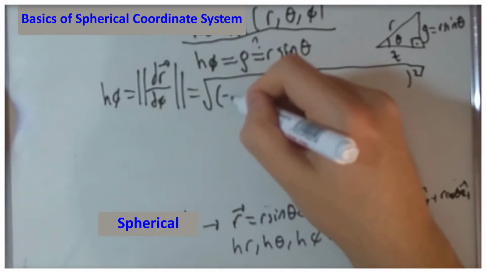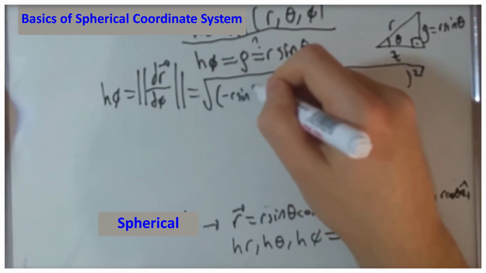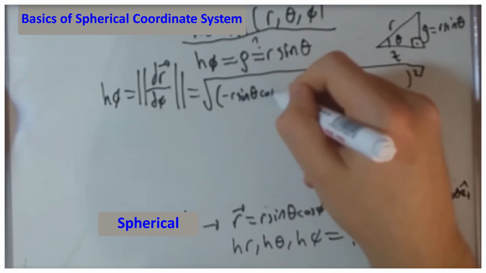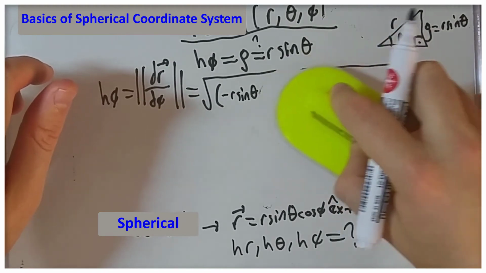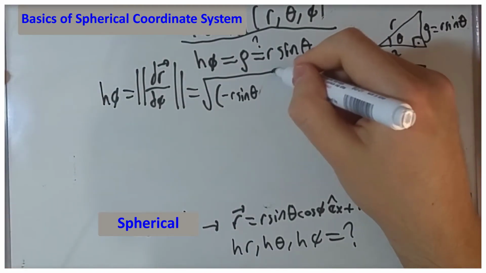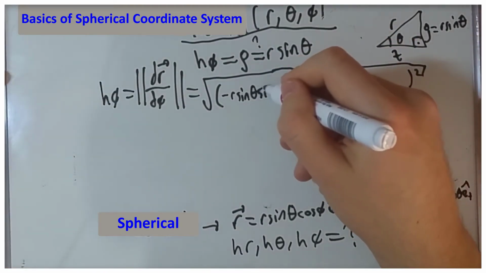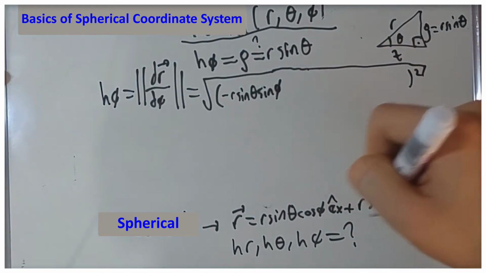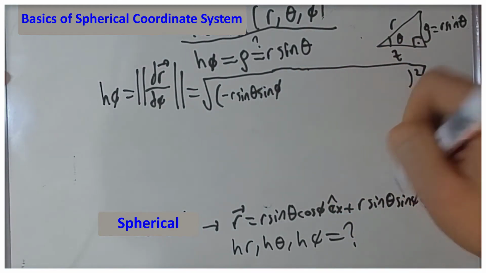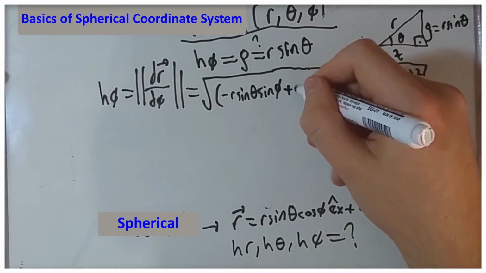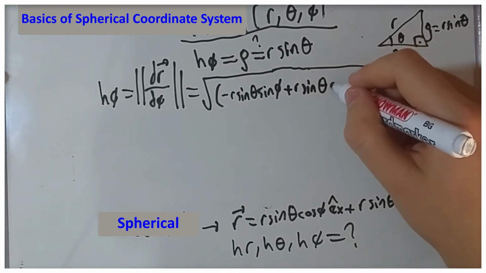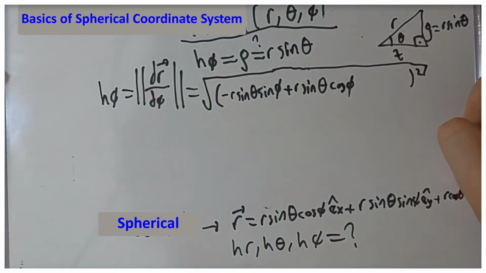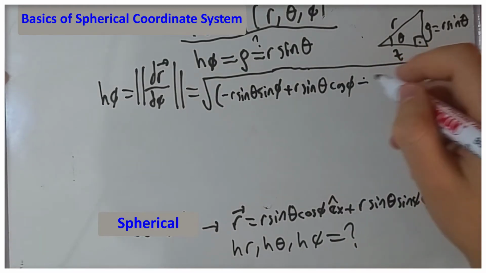Minus sin phi, so minus r sin theta sin phi. Likewise, here the derivative of sin phi is cos, then plus r sin theta cos phi. I say plus 0 here since z has no derivative with respect to phi.